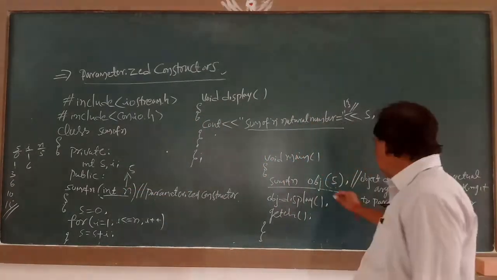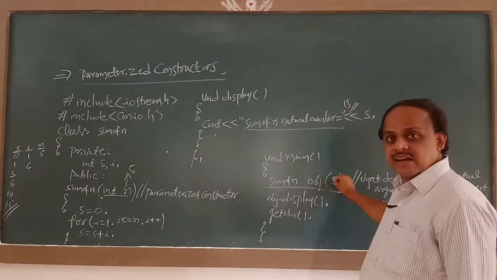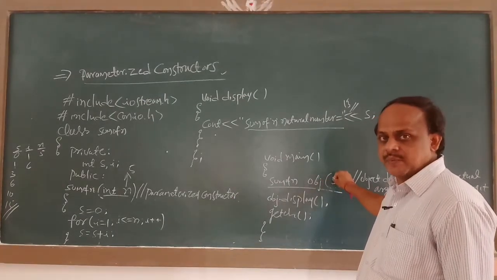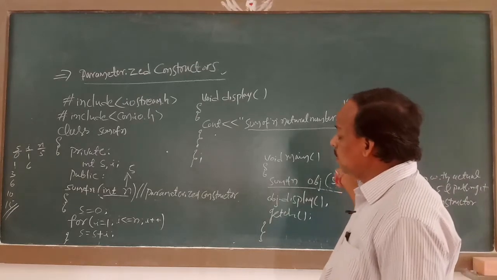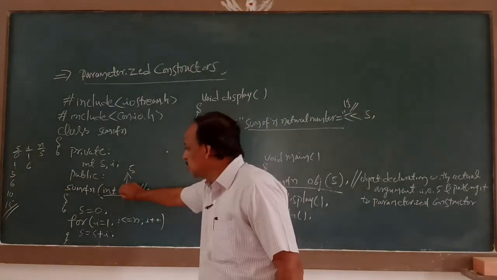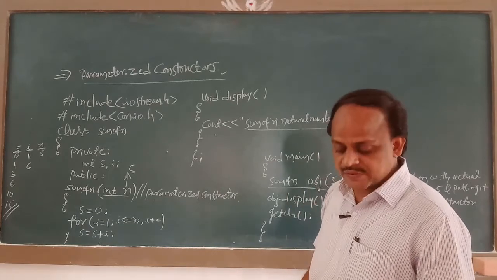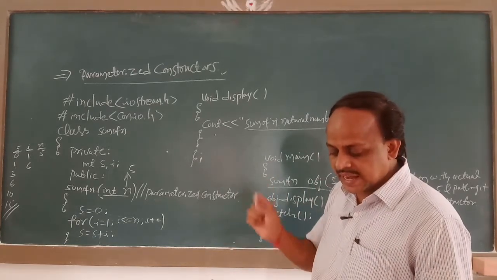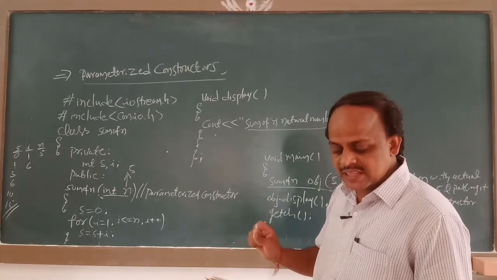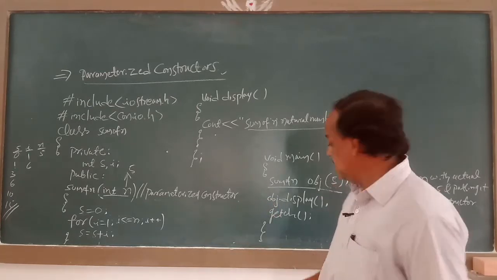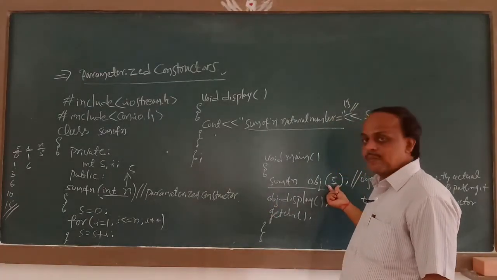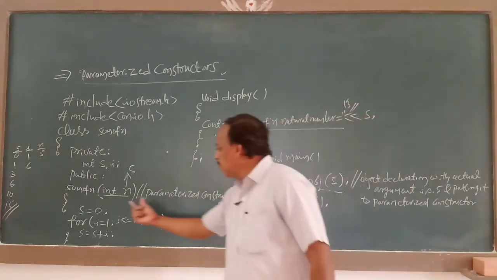Therefore, what the object contains are called actual parameters here, and where the code is, those parameters are formal parameters. So what is the first point? The number of arguments and their type should match the formal parameters. This is the actual parameter, this is the formal parameter.